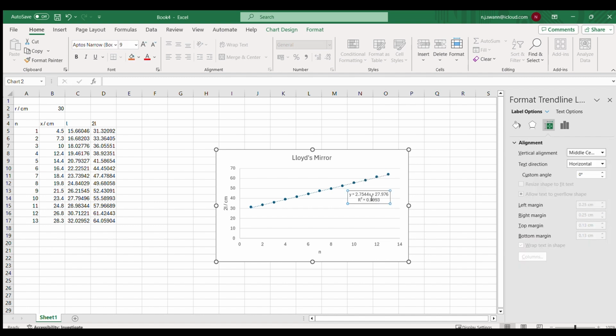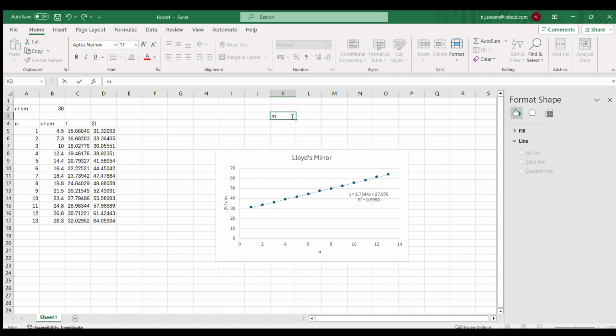So that is giving me a gradient M of 2.7544. Nice. We know that on the top of the microwave kit it says it's 3 centimetre microwave, so 2.75 centimetres isn't too bad. Let's work out what our percent error is.